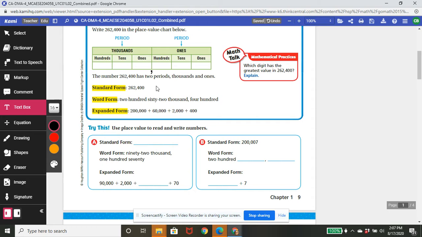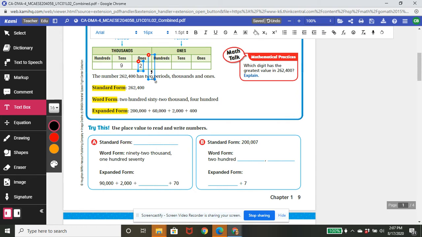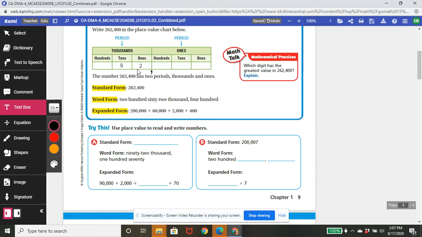92,000. Okay? So before it gets to this comma, because the comma says 1,000, it has 92. So it has a 9 here in the tens place and a 2 in the ones place. Okay? 92,170.